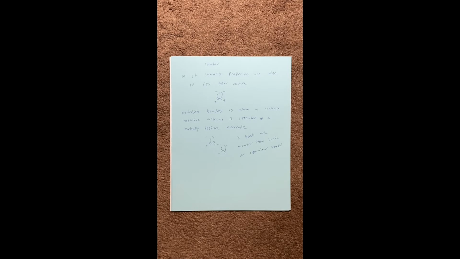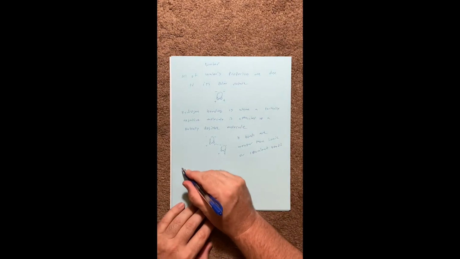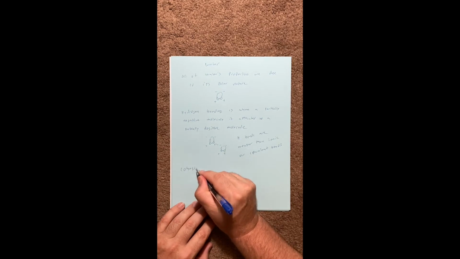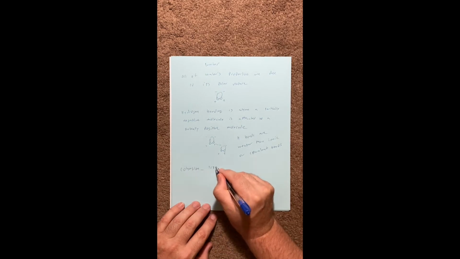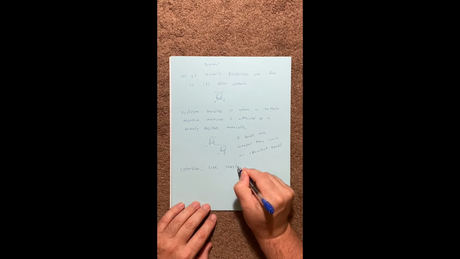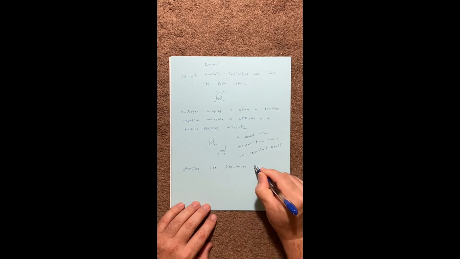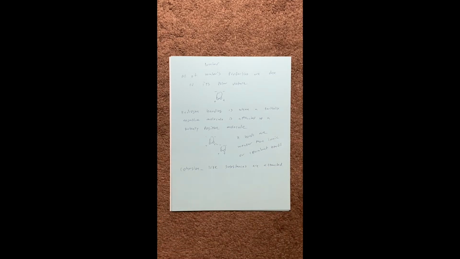Because of hydrogen bonding and water's polar nature, water can do cohesion, where like substances are attracted. These 2 water molecules would be an example of cohesion.